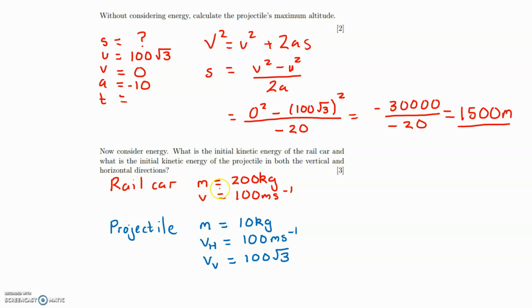So for the rail car in red, it has a mass of 200 and it's moving at a speed of 100 meters per second, and kinetic energy is equal to half mv squared, which is a half times 200 times 100 squared, which gives you an answer of 1 times 10 to the 6 joules.